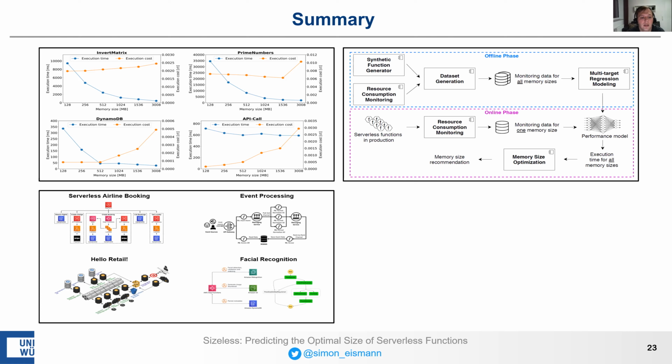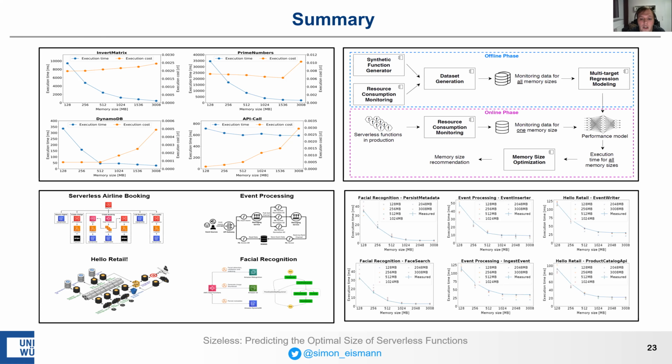We've evaluated this on 4 case study systems, and in our evaluation, we've shown that we have a prediction accuracy of around 85%, select the best memory size in 80% of the cases, and can provide a speed up of around 40% while having slight cost decreases.